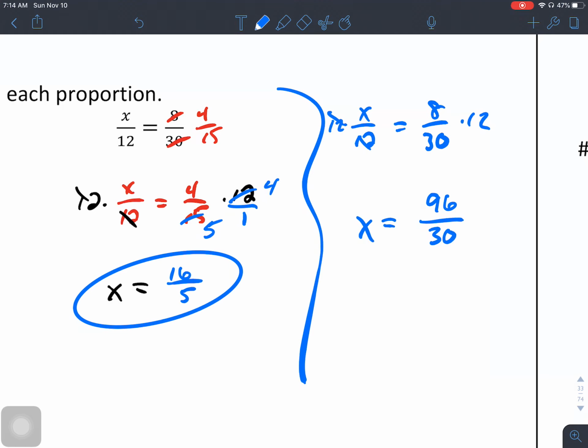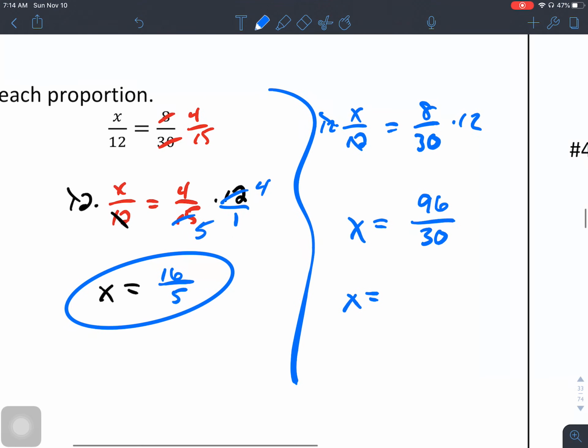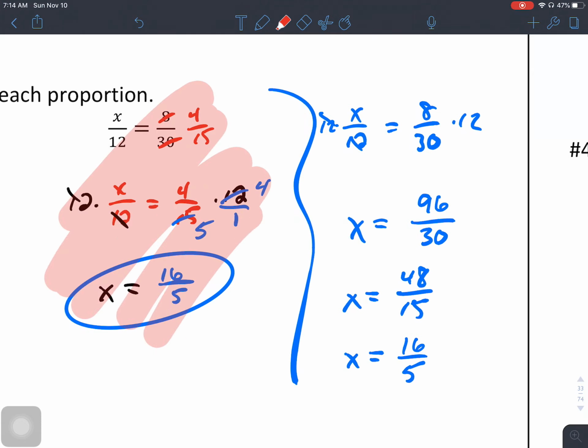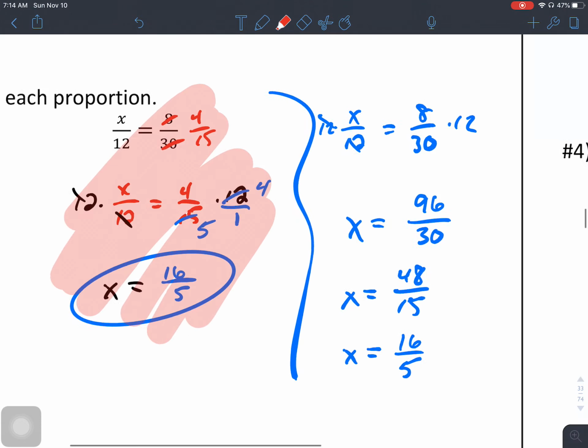So, for example, you could divide top and bottom by 2. That would give us 48 over 15. Then divide the top and bottom by 3, and that would give us 16/5. I'm not great with numbers, so I would recommend reducing as you go instead of multiplying and reducing at the end.